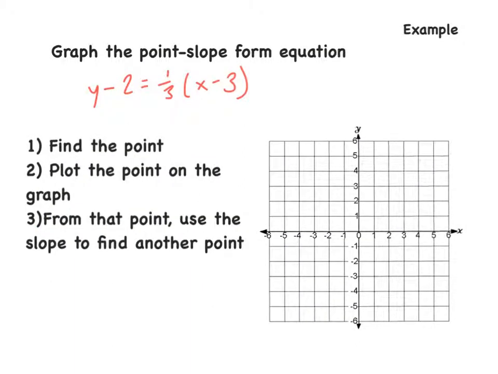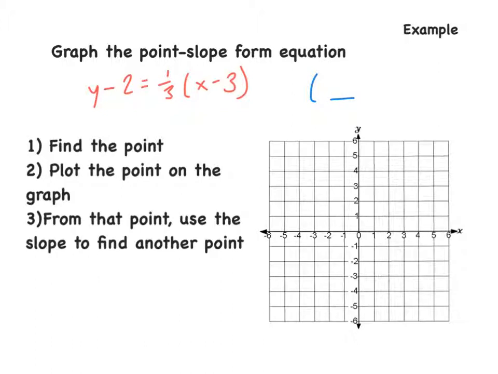So now we have our point-slope form equation. This is the same equation from the previous slide. Now all that I want to do is graph it. I have the 3 steps that you're supposed to do. Step 1, you find what the point is. Remember, in the equation, it starts off with a negative, so the point is not -2 or -3.